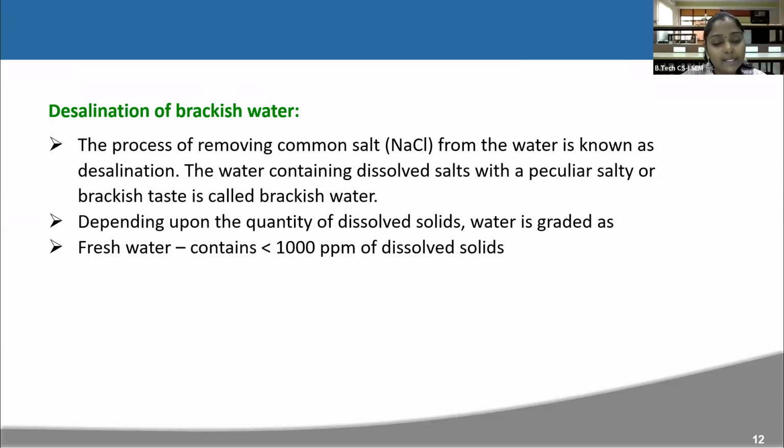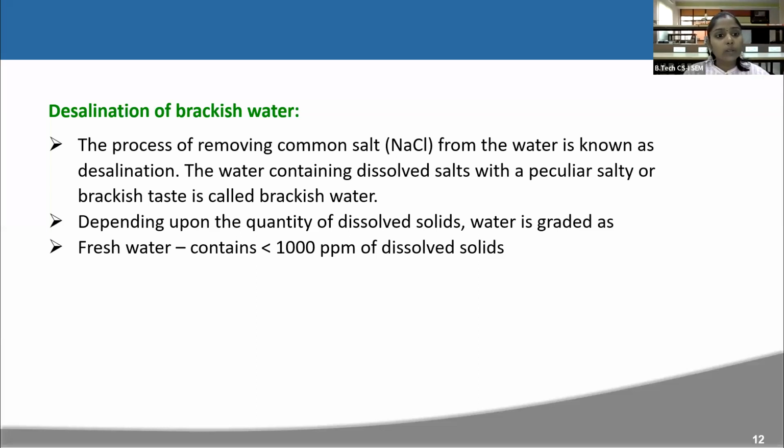So that process is called desalination of brackish water. The water containing dissolved salts with a peculiar salty or brackish taste is called brackish water. Okay, so it means more salt is present in the water. So that's why we have to remove the salt. That process is called desalination.